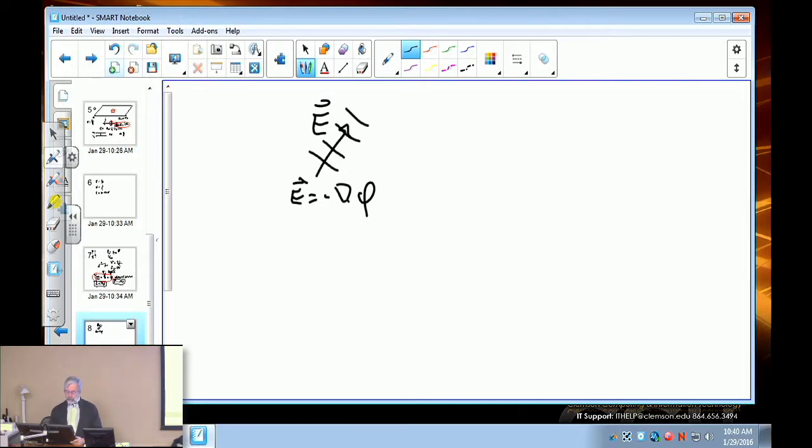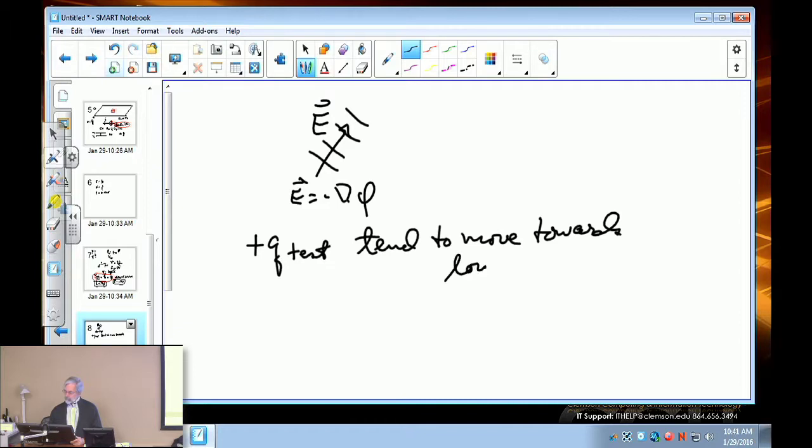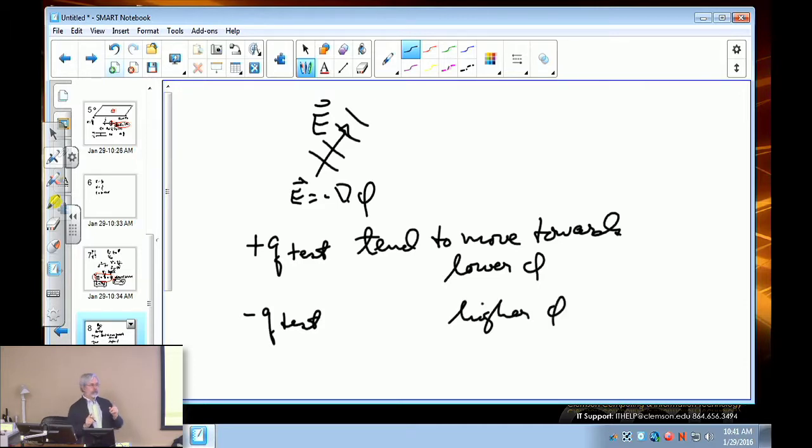Okay? So, in other words, test charges that have plus Q tend to move towards lower phi. But opposite test charges would move towards higher phi. In other words, if you place two charges of opposite sign in this region, they'll move in opposite directions.